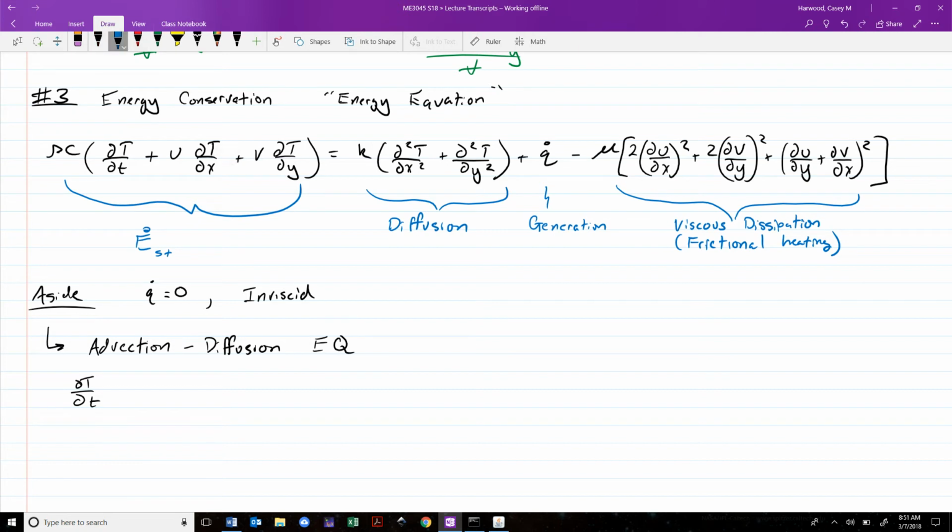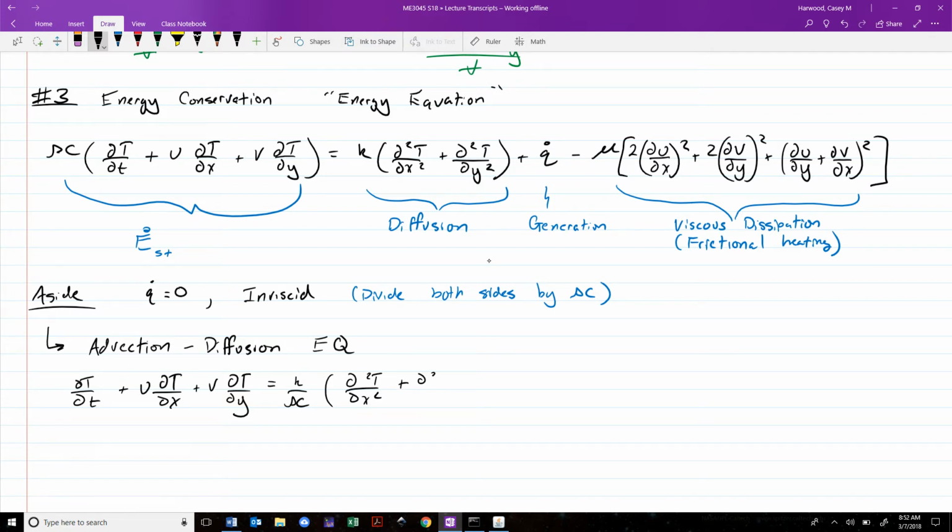Also, if we divide both sides by this rho c term, then we end up with dT/dt plus u dT/dx plus v dT/dy is equal to k over rho c times d squared T/dx squared plus d squared T/dy squared.